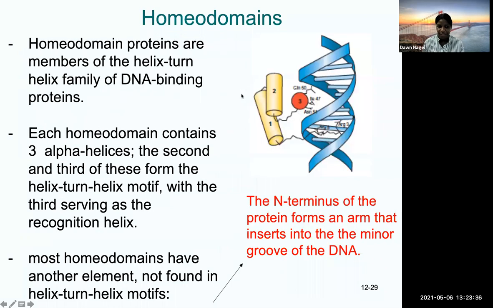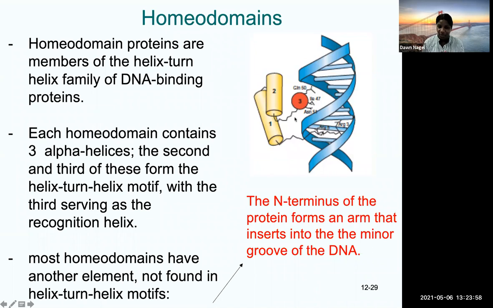They are very kind of similar, right? They also have these helix domains present. And they have 3 of these alpha helices. So 1, 2, and 3, and they kind of twist and turn in such a way that they grab onto, again, the DNA, binding to the DNA.